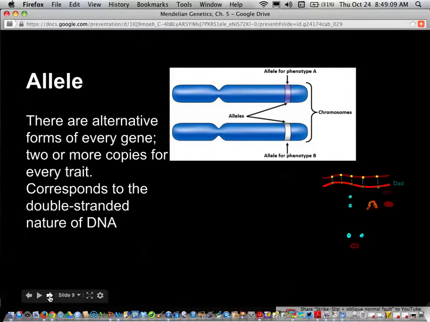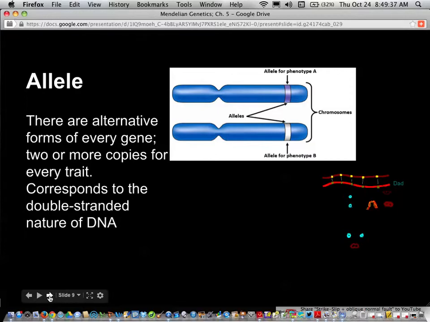So every trait has two alternative forms called alleles. They both may be dominant, they both may be recessive, or one may be dominant and one may be recessive. Okay? It all depends on what they have inherited.